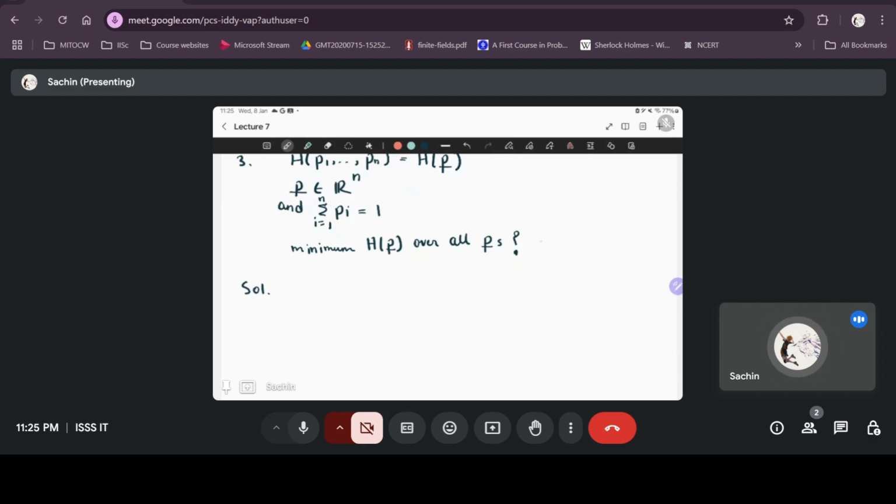And also we have to find the vector p's which achieve the minimum.